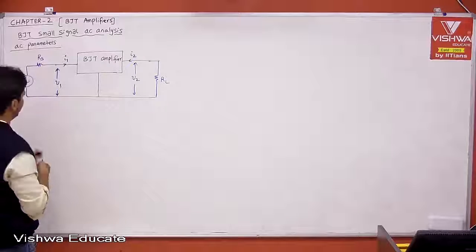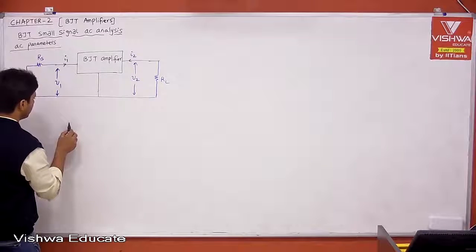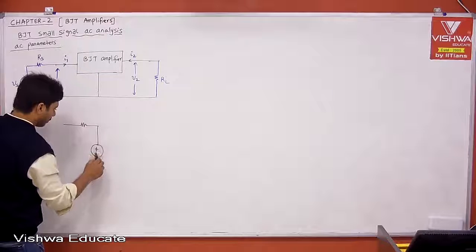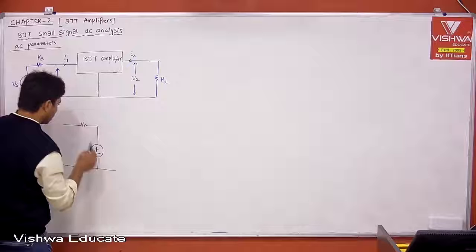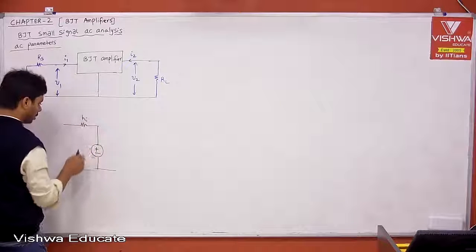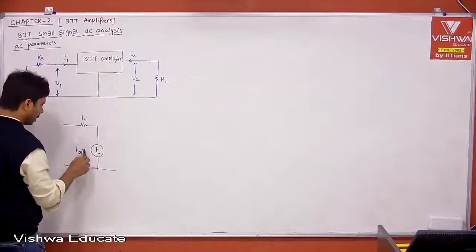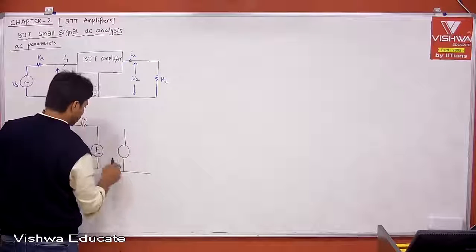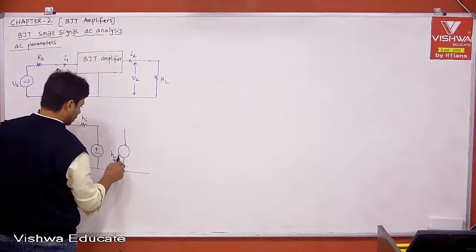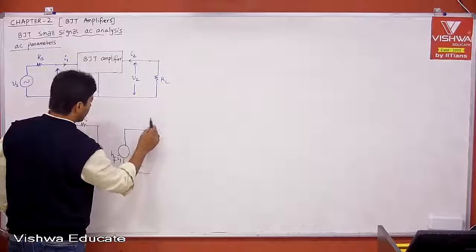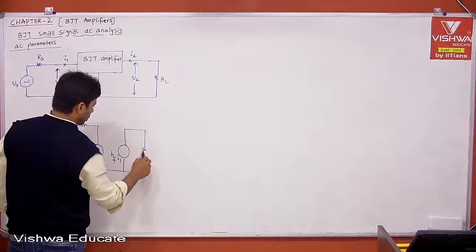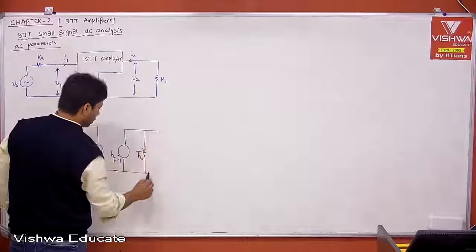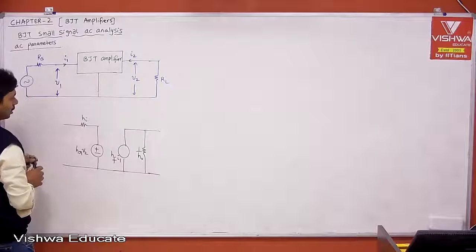If I replace, we know this is HI, and this is HR into V2, and this is our current gain, HF into I1, right? This is 1 by HO, right? Therefore, this is the BJT.